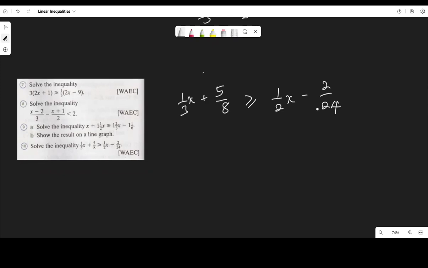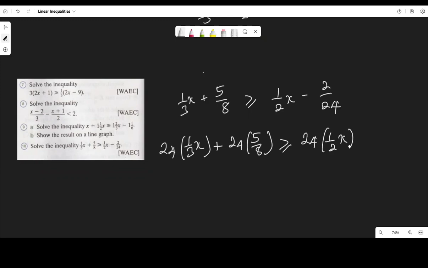To do that, we are going to multiply each term of this inequality by the LCM of 3, 8, 2, and 24, which is 24 itself. So multiplying each term of the inequality by 24, I will have 24 times 1 over 3x plus 24 times 5 over 8 is greater or equal to 24 times 1 over 2x minus 24 times 2 over 24.